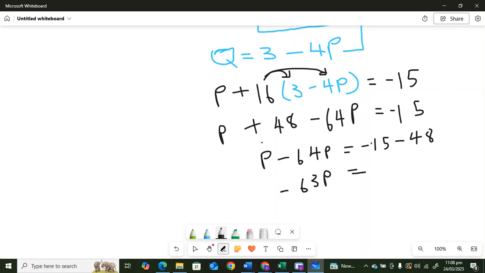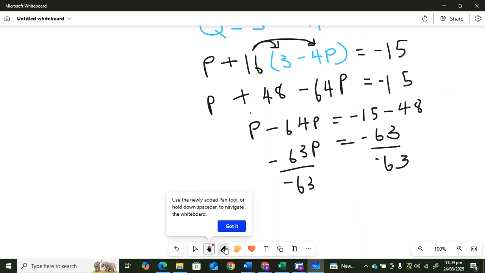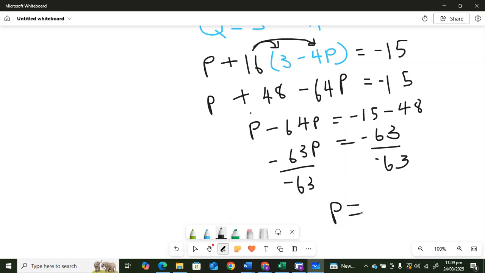Negative 15 minus 48, what do we get? So to get our value of p, just divide both sides by negative 63. So p equals positive 1. Any questions?